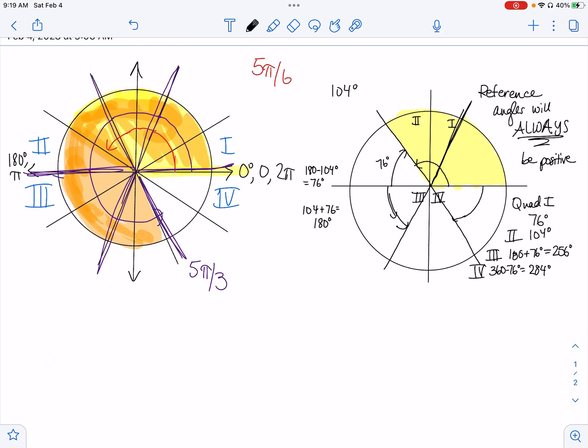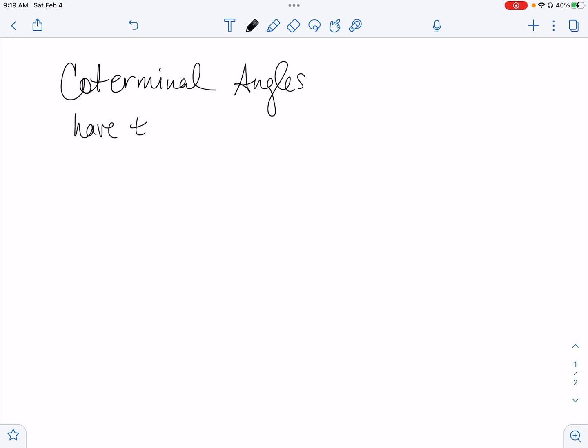Now let's talk briefly about coterminal angles, the last thing I'm going to do in this video. Coterminal angles have the same terminal side.